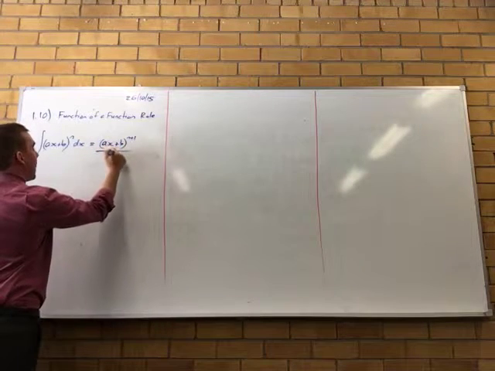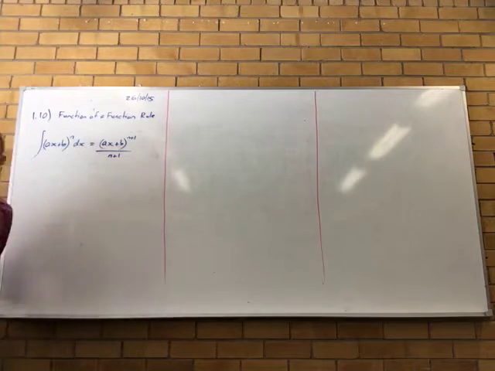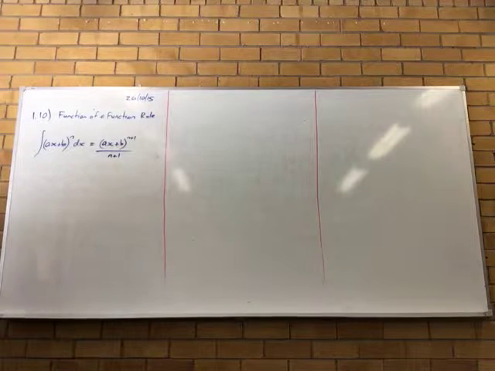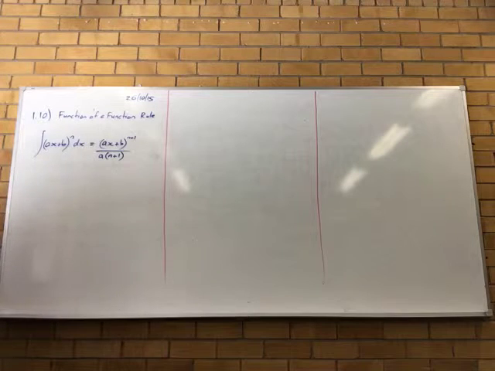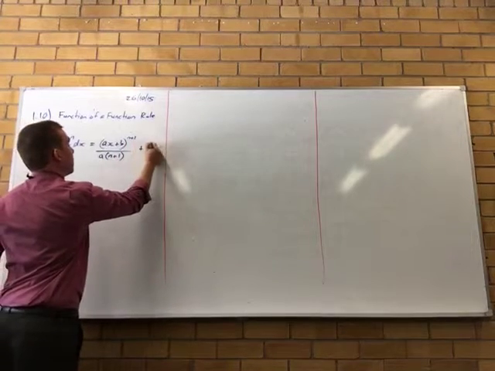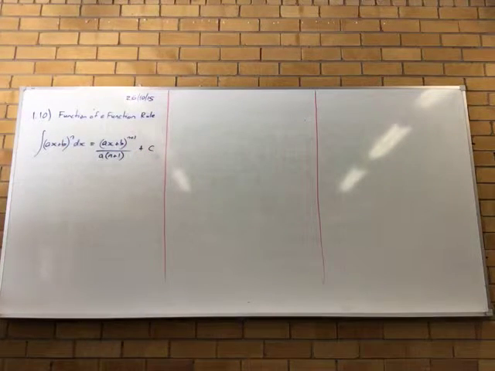You then divide on the bottom by the new power, just like we've been doing in the examples, and you also need to multiply on the bottom the derivative of what's in the bracket. And of course we have our constant of integration there.